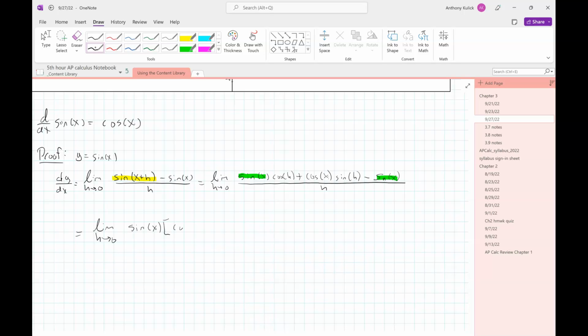So that's going to give me cosine h minus 1, and then I still have this cosine x times sine h, all over h. Everybody's okay there?